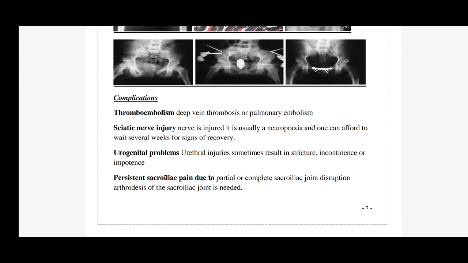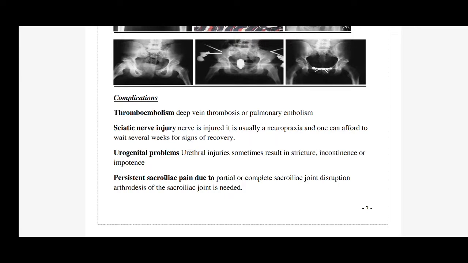Other is sciatic nerve injury. The nerve is usually injured in neuropraxia, and one can afford to wait several weeks for signs of recovery. Around 70 to 80% of cases are neuropraxia.